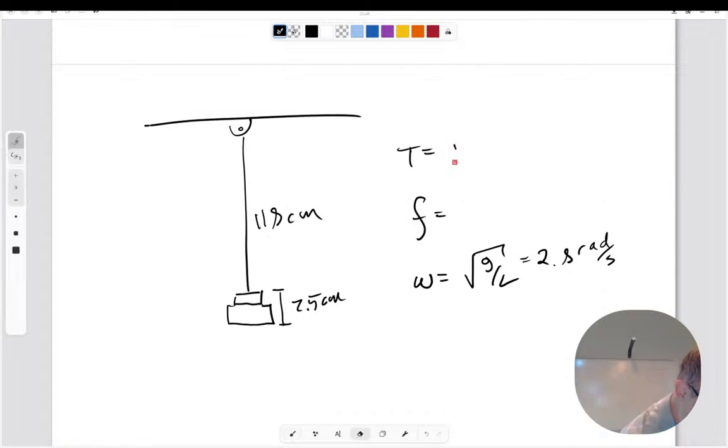How about frequency or time period? I'll take either one. Frequency, time period. 19 seconds. Oh wait, 19 hertz?